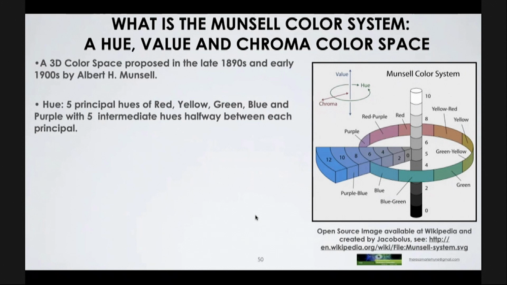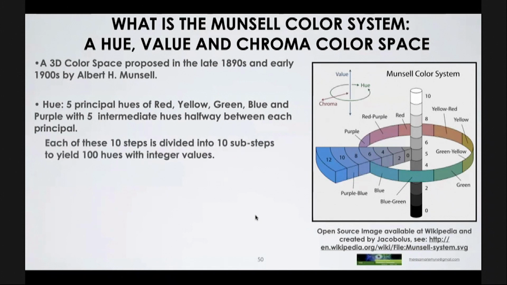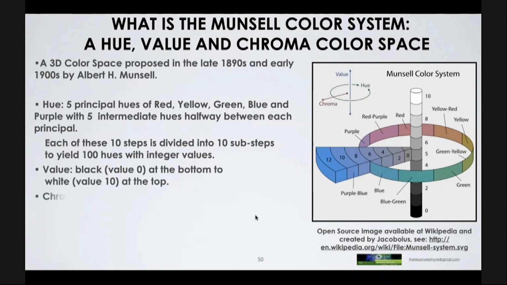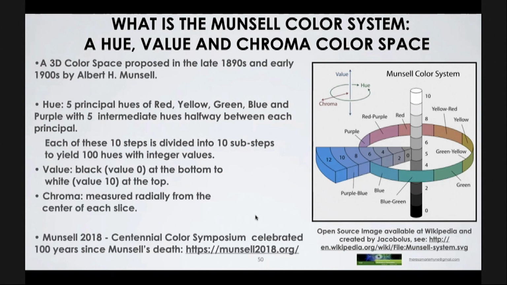He had 5 principals and 5 intermediates because he wanted 10 steps, going from black at the bottom to white at the top. He's going to measure these, and chroma was going to go out from the center. The center was going to be your lightest color, and then you go out to your most vivid color at the very end. So he had it all down. You see his diagram. It's all going to work out. It's going to be just great.